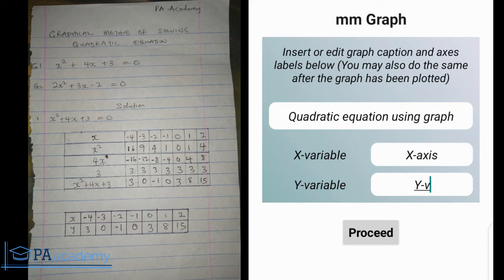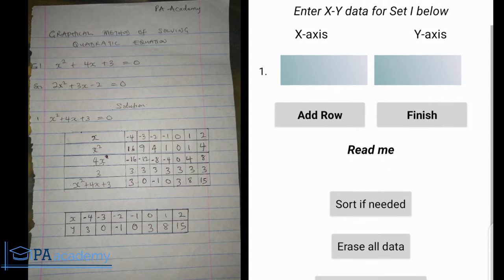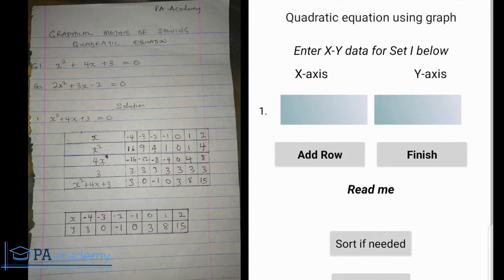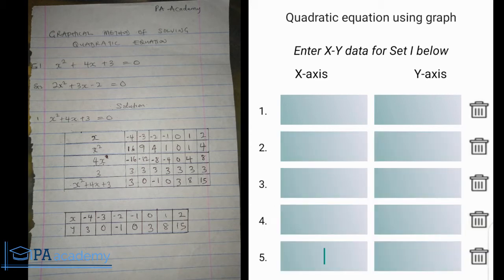Then this is the y-axis. So click on proceed. So I'm using Graph. That's the name of the app. It's an Android app. So now right here we insert the values for our x and y axis. We have a total of 7 rows, so I will increase the rows to 7.